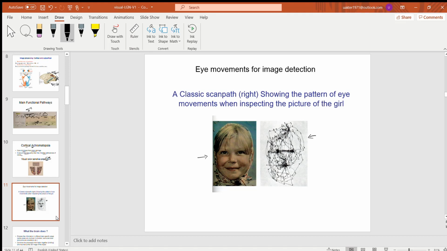By looking at this you can tell where the eyes moved and how much time the eyes spent.